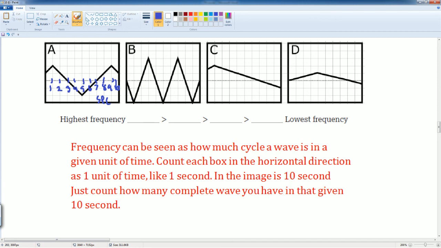Okay? So this looks like it has the most. So B goes first. Because do you see? It has 1. Wait. 1. Oops, sorry. So this would be 1. 1. 2. Right? Then A, it has like 1.